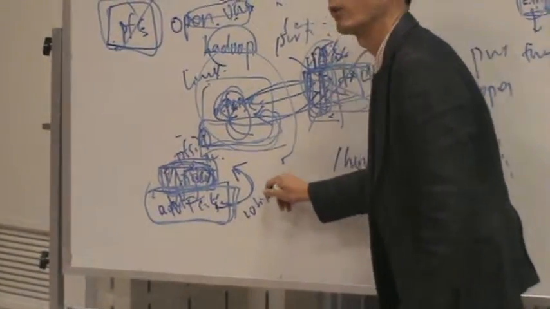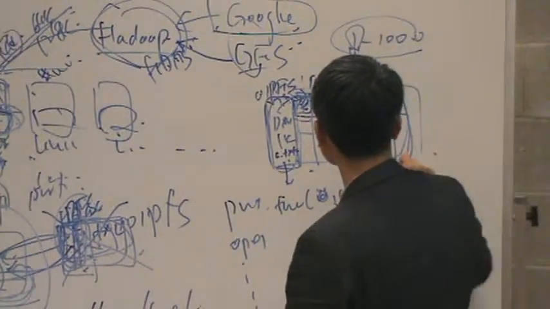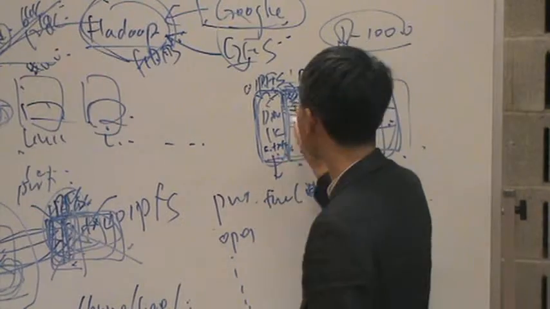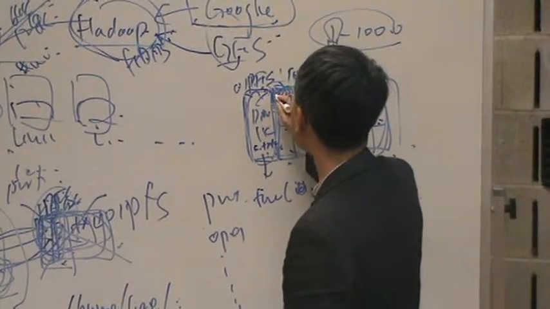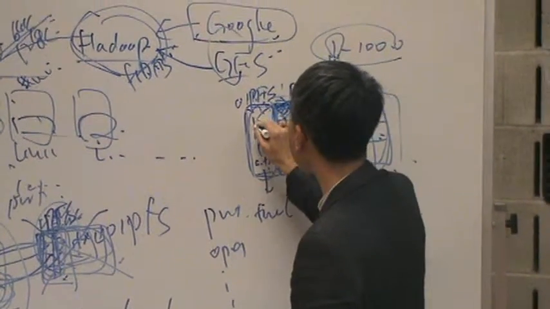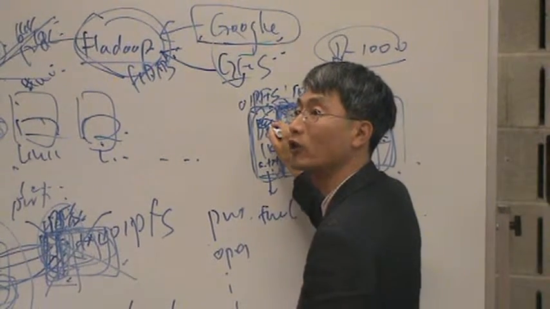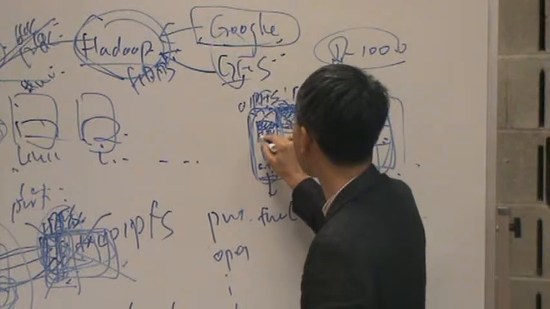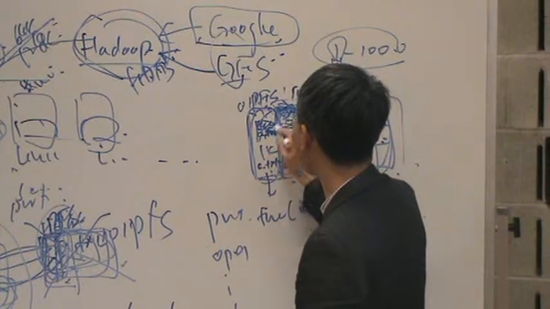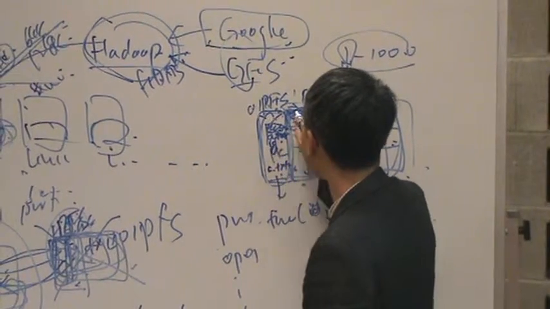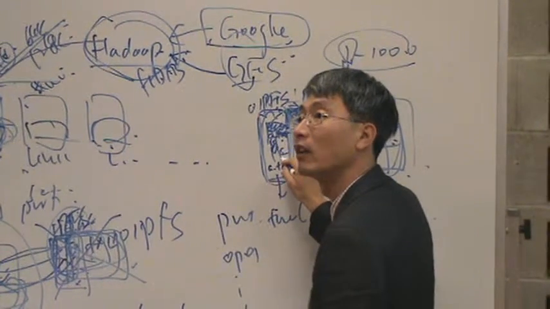When you put this file, all blocks are empty, so you can use the first block and copy 10 bytes over here. Then you need to keep certain information about the file in your directory structure. The name is a.txt, the size is 10 bytes, the block number is 0, and the offset is something.